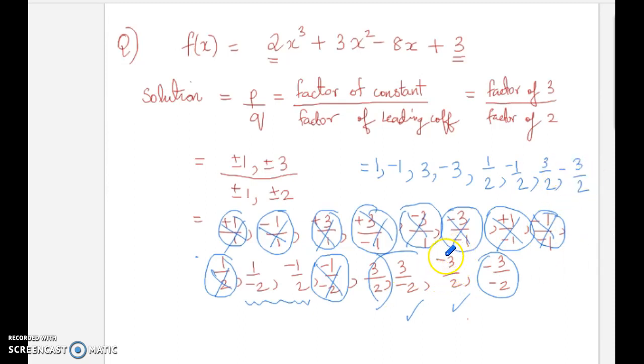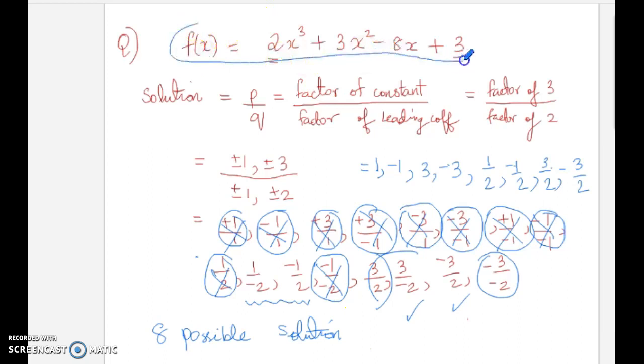So the only distinct ones: there are 1, 2, 3, 4, 5, 6, 7, 8. There are 8 possible solutions. Every single solution that this equation might have, and we know that this equation is only supposed to have a maximum of how many solutions? 3 solutions, right?